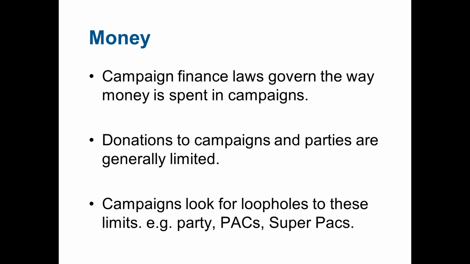As long as the Supreme Court's ruled that the PAC expenditures are independent, these super PACs can take however much money they want from any given individual donor. So really, wealthy people can influence things to a much greater degree through the super PACs than they might otherwise be able to, given the statutory limits on what you can contribute to campaigns or regular PACs or parties.